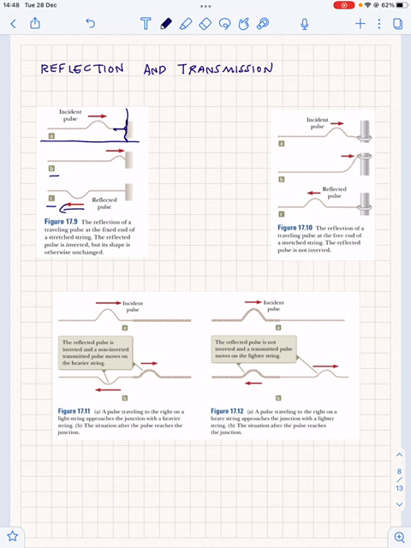Now we have the second figure here, figure 17.10. This is for the pulse traveling on a string with a free end. The tension at the free end is maintained because the string is tied to a ring.